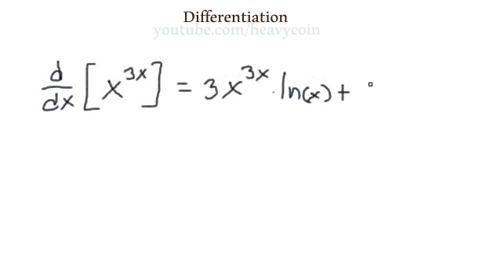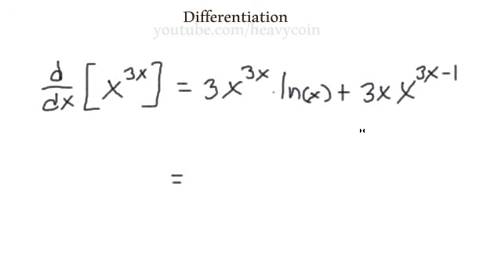So that means you take the 3x and bring it out front, writing everything. And then remember, we have to subtract 1 from the exponent. Up here, subtract 1 from the exponent.